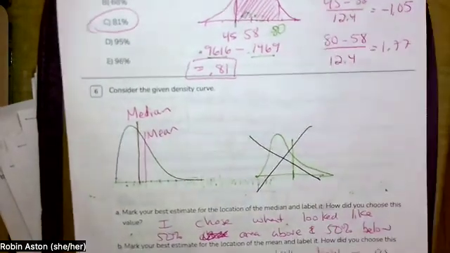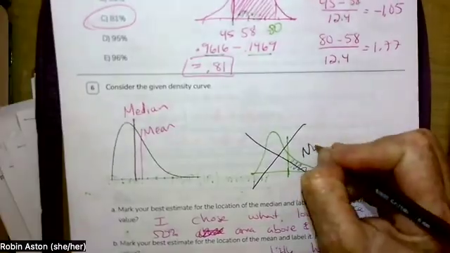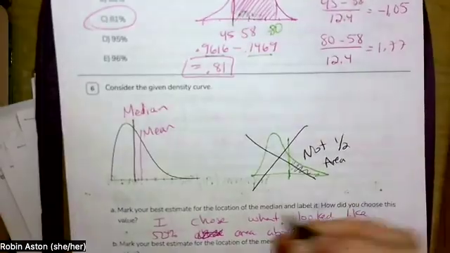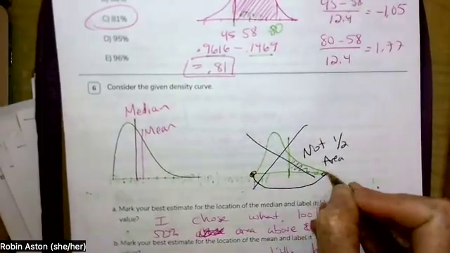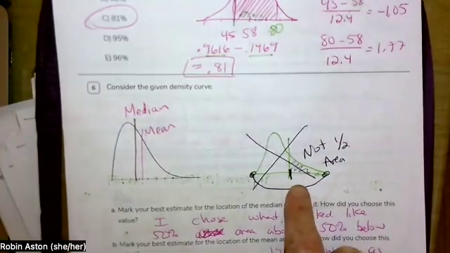The reason this is incorrect is because this is definitely not half the area. What I can see that somebody did is they basically took the min and the max and went exactly halfway between. And so this would be incorrect.